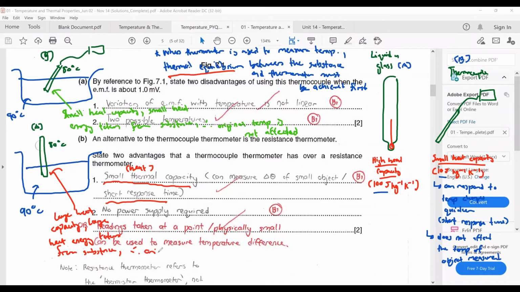Therefore, original temperature is affected.